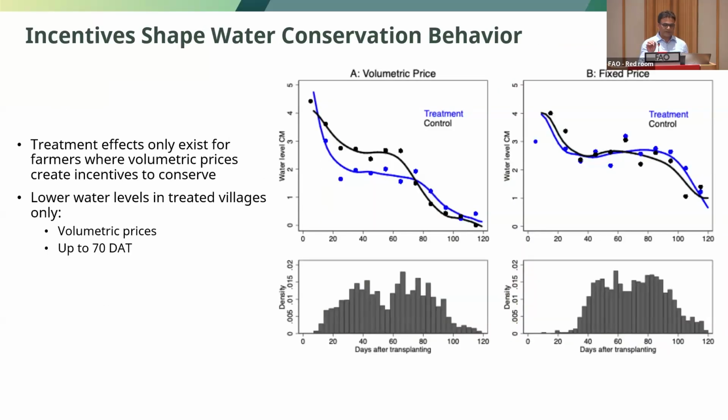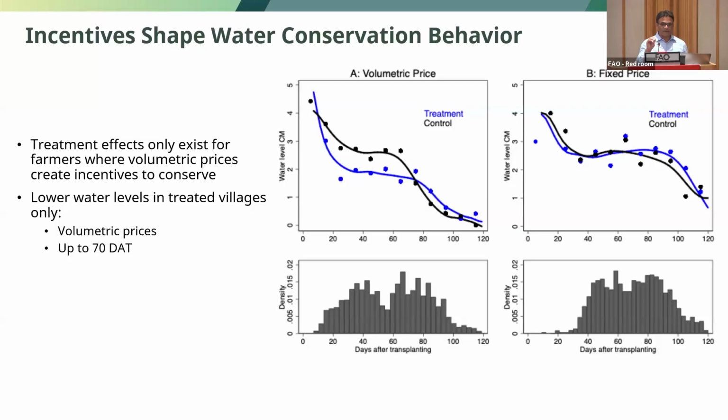One of the most interesting findings from this study was that AWD did not affect all farmers equally. The intervention was most effective among farmers who paid a volumetric water price. In these settings, water conservation translated directly into lower irrigation costs.